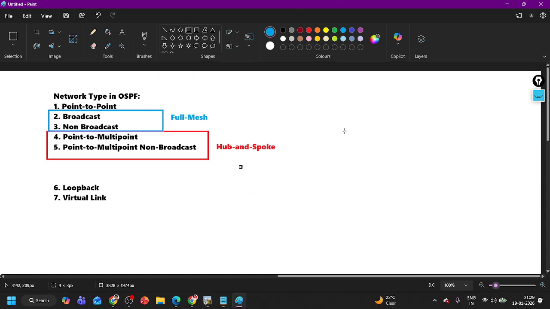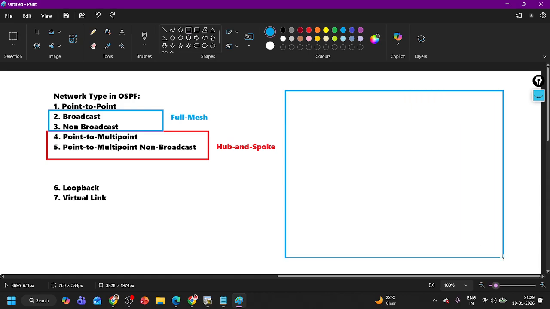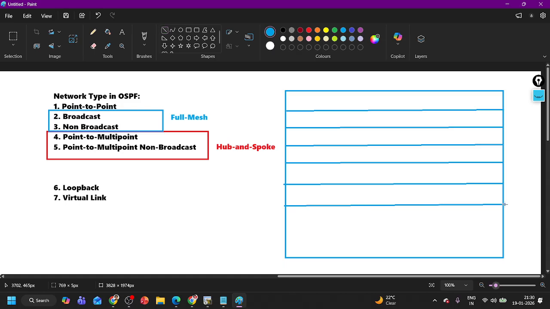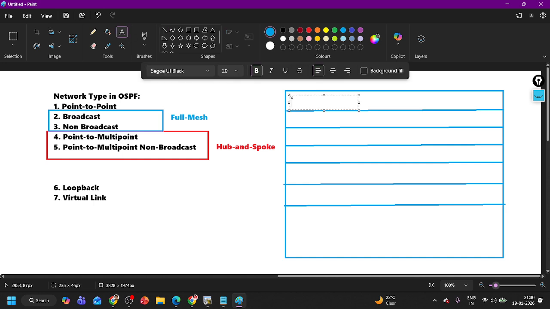Now here I am going to draw a chart for you and mention the network type: point to point, then broadcast, then non-broadcast, then point to multipoint, then point to multipoint non-broadcast.